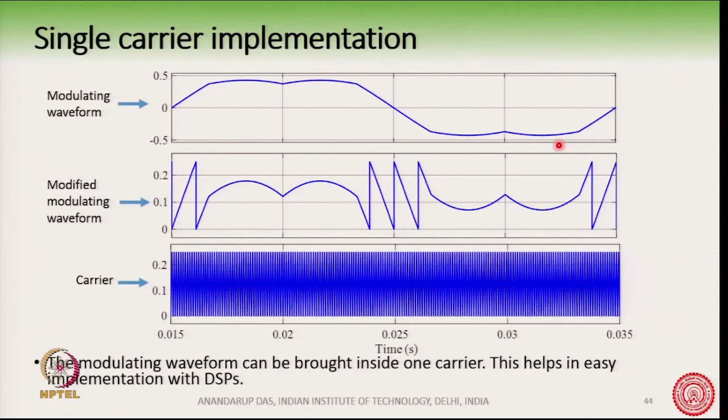So, when we use a single carrier, we have to bring the whole modulating waveform inside one carrier, and this is shown here, this middle waveform. If I draw the carrier, this is the lowest carrier.